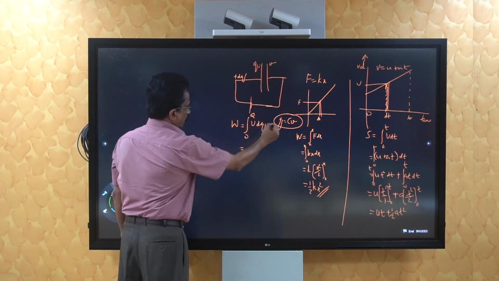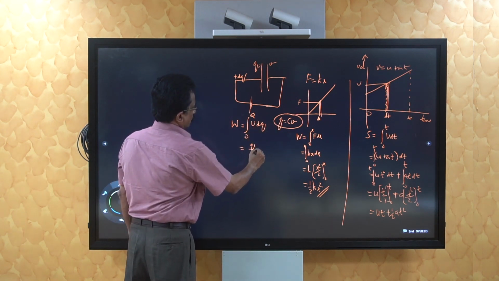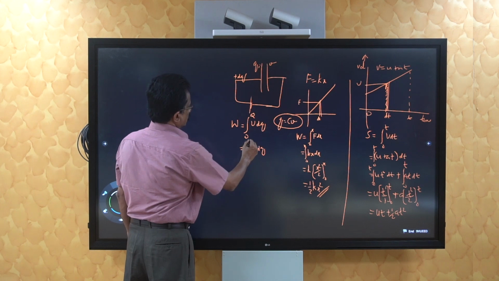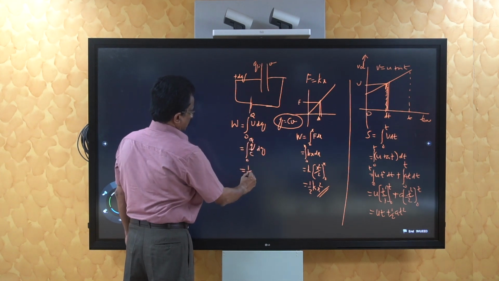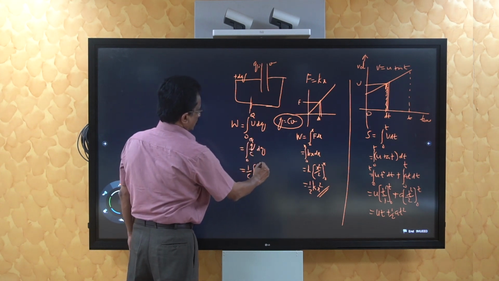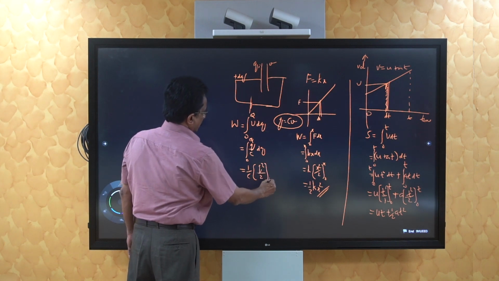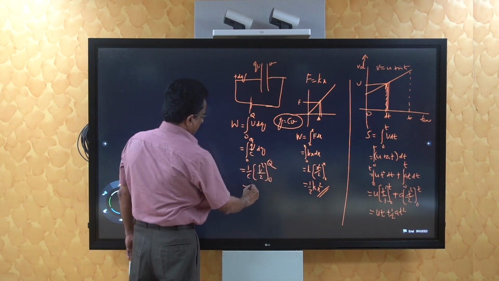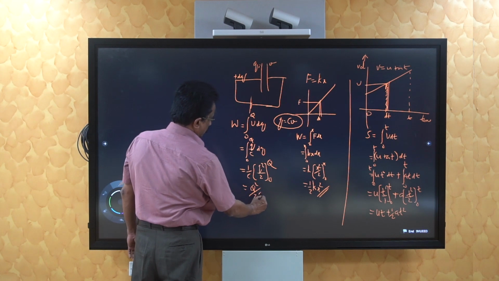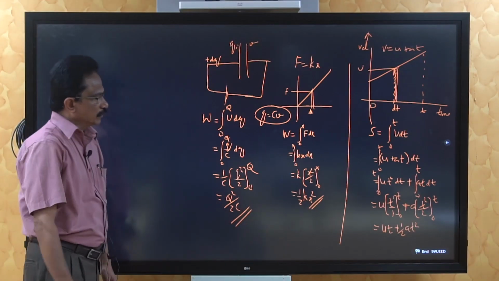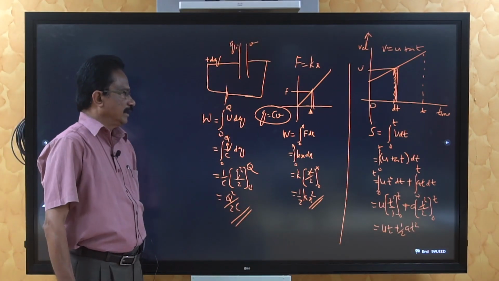So we replace V by Q by C, giving the integral of Q by C dq from 0 to final Q. 1 by C constant, Q dq integrates to Q square by 2 from 0 to final charge Q. We get Q square by 2C. Thus we found the expression for work done in this case.